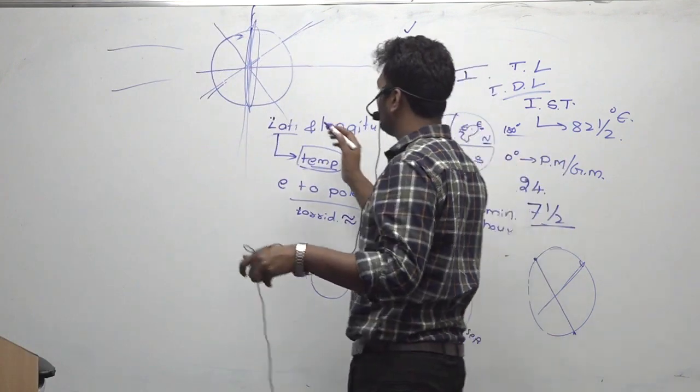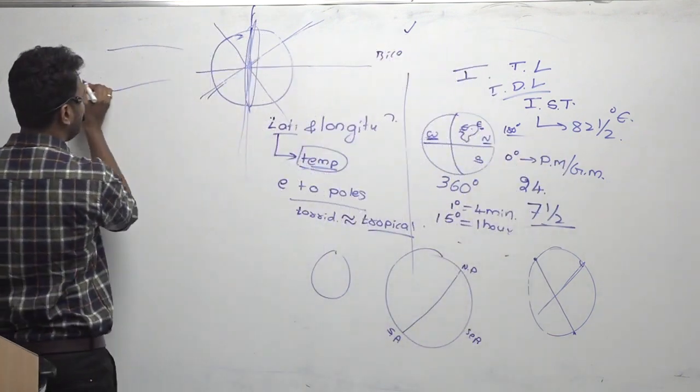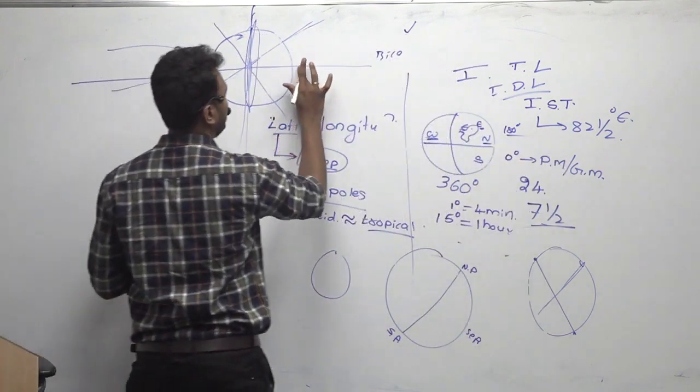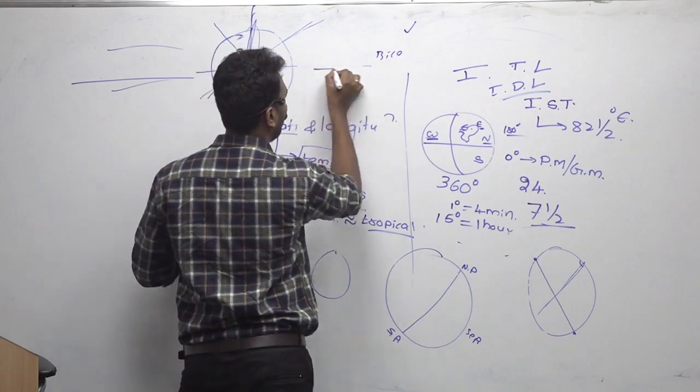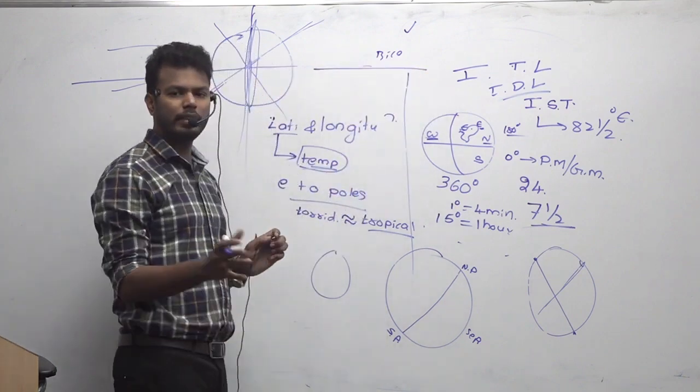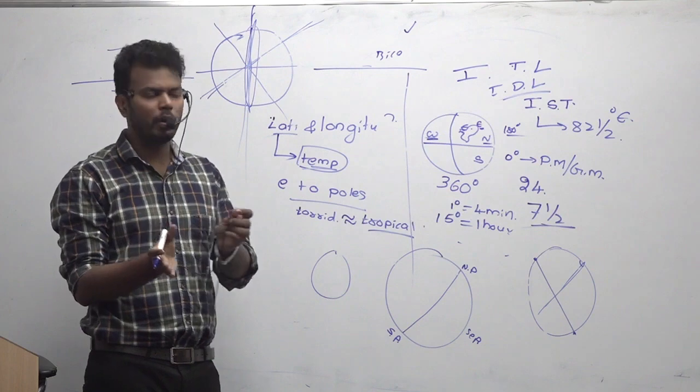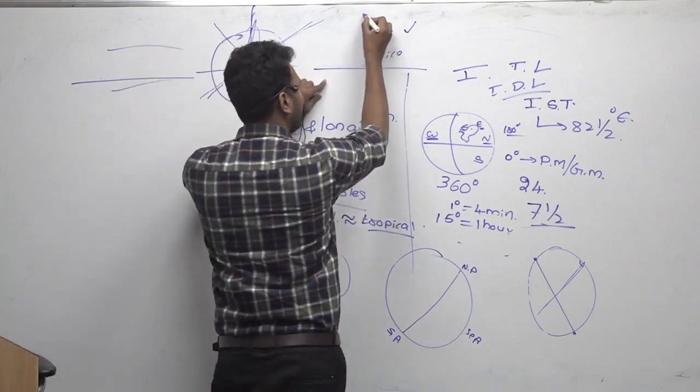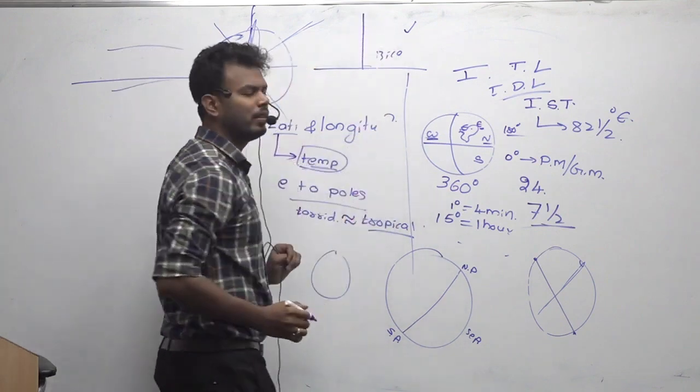See, this is the earth. Just imagine a horizontal plane, as I have shown you with regard to the book. This is a plane, and this is a normal.